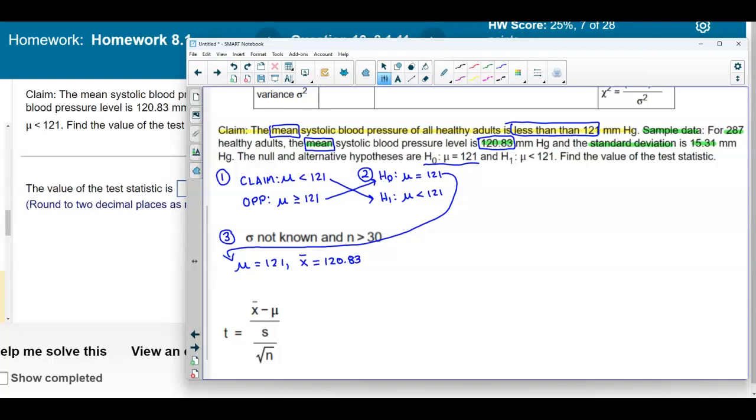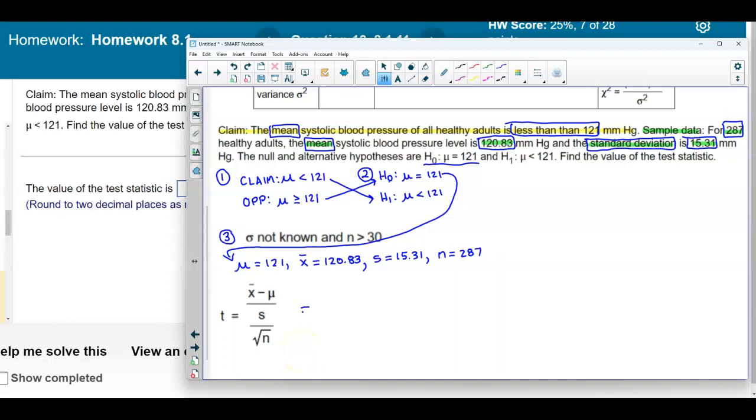And then we also know that the sample standard deviation is 15.31. And then we also need to know what the sample size is, and the sample size is given to be 287. So now we have all the given information that we can put into the formula to find the t-test statistic.